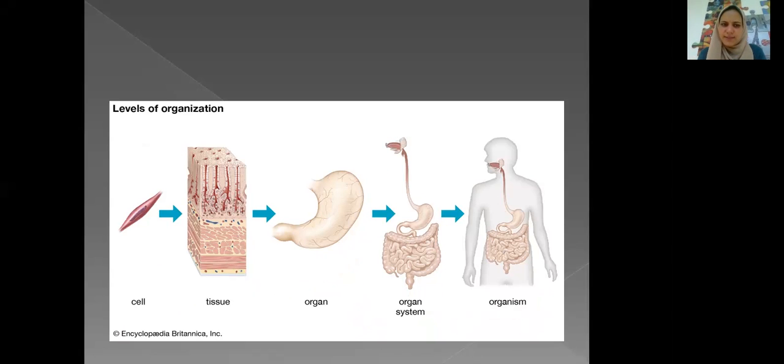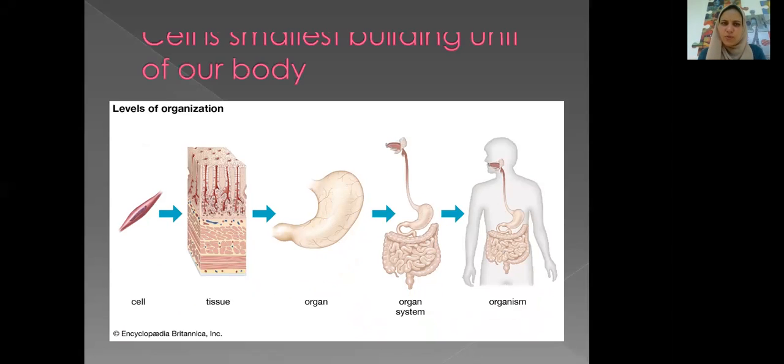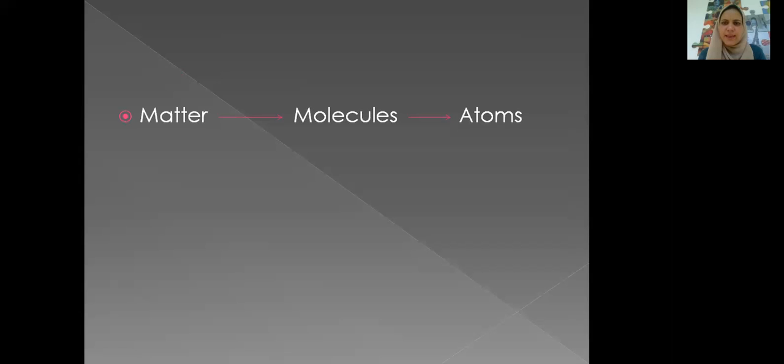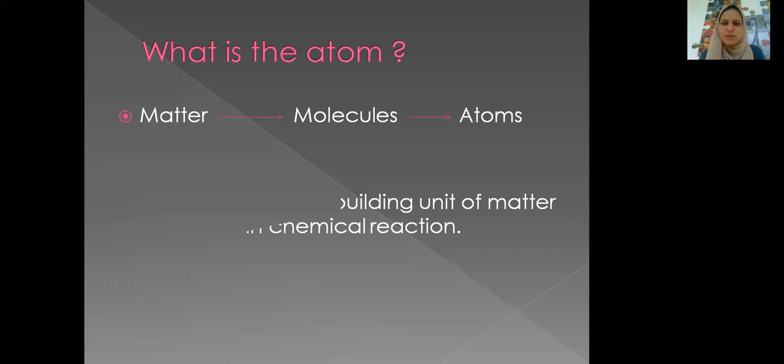And like the cell is the smallest building unit of the body, also the atom. The atom is the smallest building unit of matter. The matter consists of small parts which are molecules, and molecules consist of small parts which are atoms. So the atom is the smallest building unit of matter.